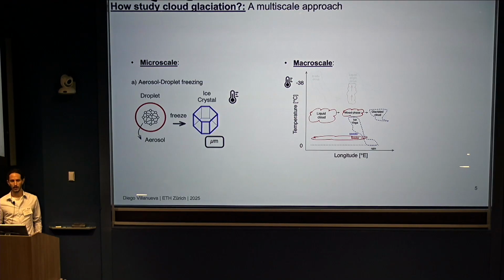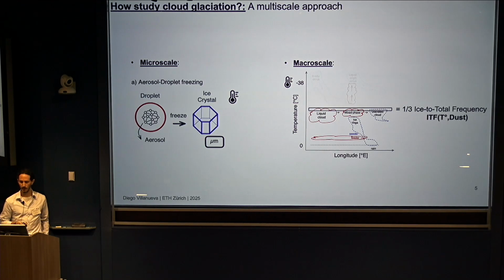And we can look at them from satellites. So what I want to show here is how you can count the area of these clouds and then derive a fraction which I call the ice to total frequency. This tells you how frequent ice clouds are compared to the total cloud cover that you have.